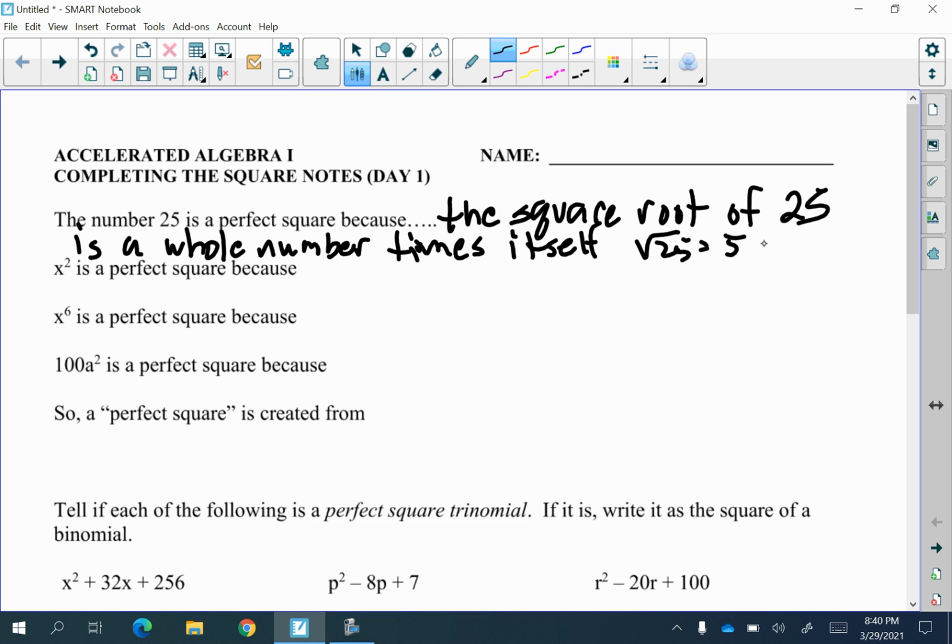Now, x squared is a perfect square because the exponent can be divided by 2 to get a whole number. For example, I'm going to run out of room here.